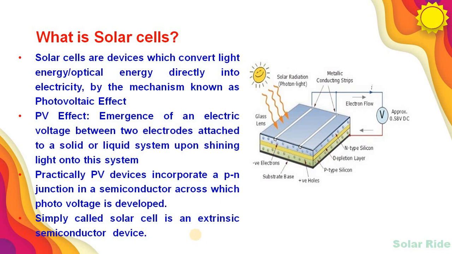It's known as extrinsic. Here you can observe the solar cell working principle image. Here we have p-type silicon and n-type silicon. That middle yellow layer is the depletion region.